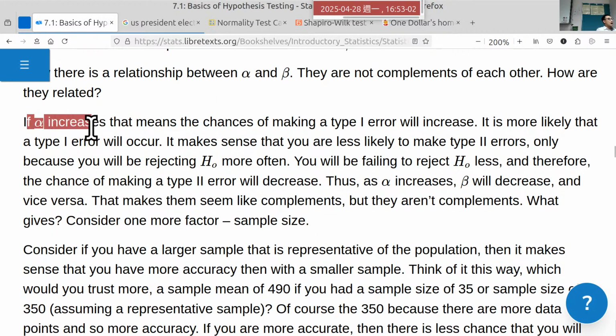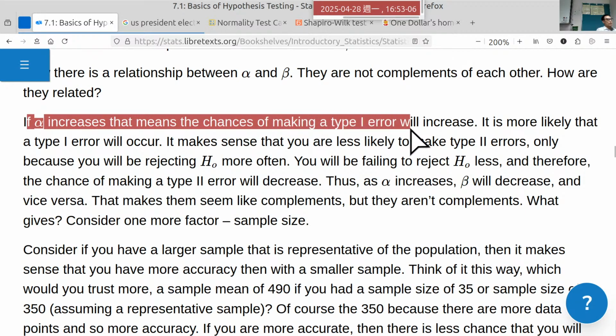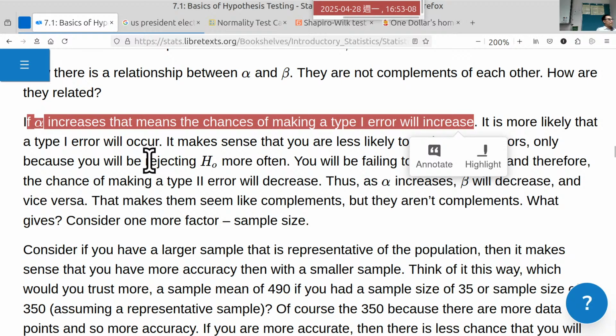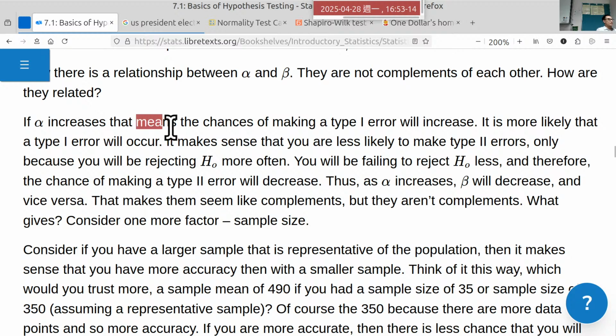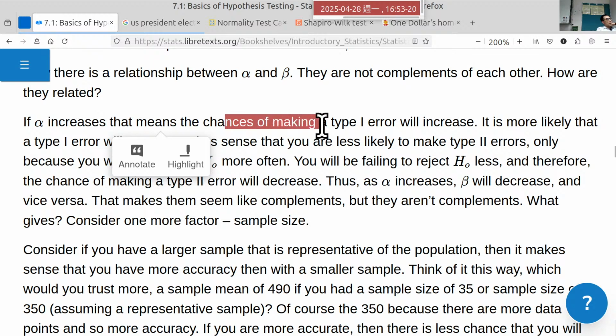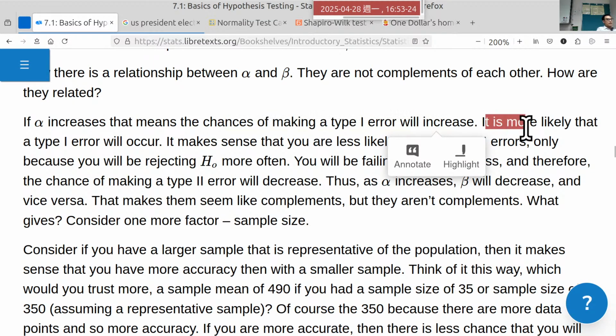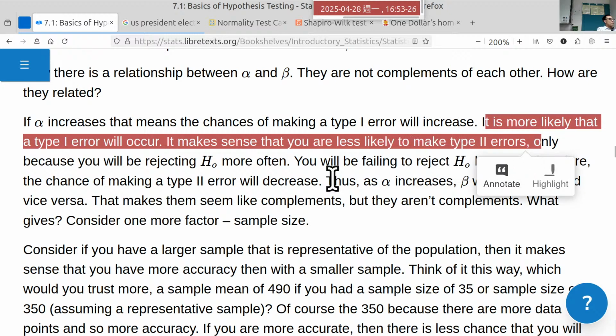If alpha increases, that means the chance of making a type 1 error will increase. It's more likely that the type 1 error will occur.